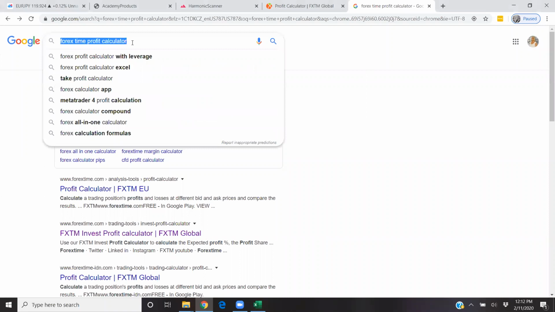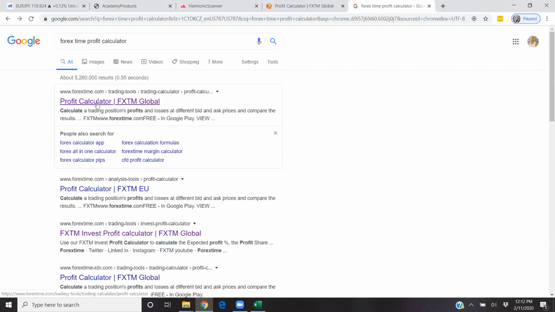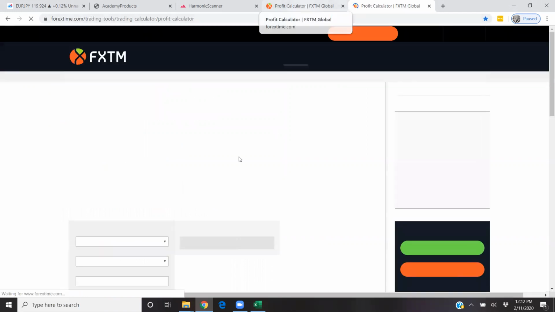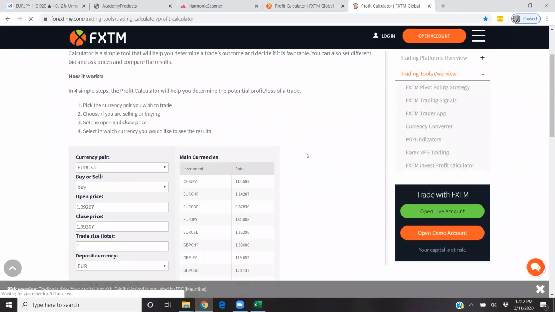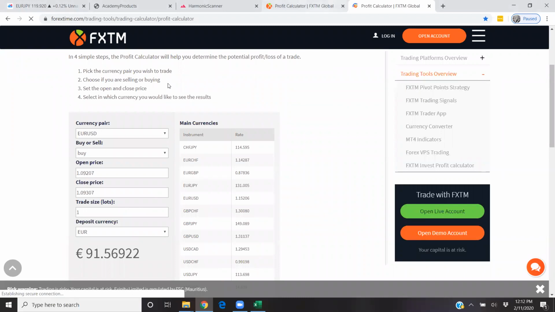Okay, so I was able to find it. If you Google Forex Time Profit Calculator, it'll give you the link right here. So if you click on it, this is a really easy way that I have found. It breaks down as simply as possible how to calculate your profit.